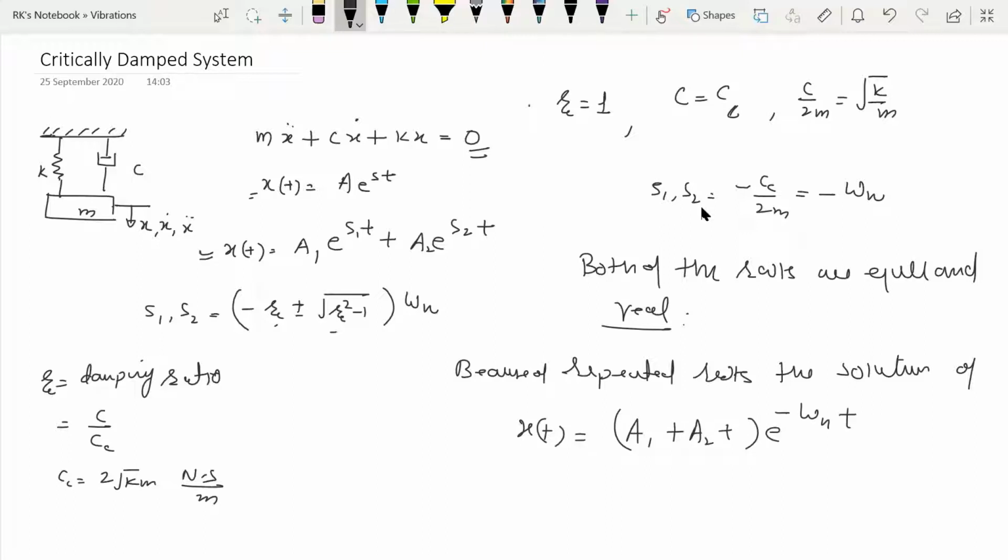Here a1 and a2 can be found using initial conditions.